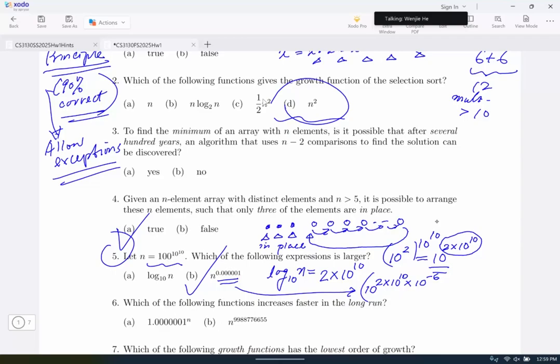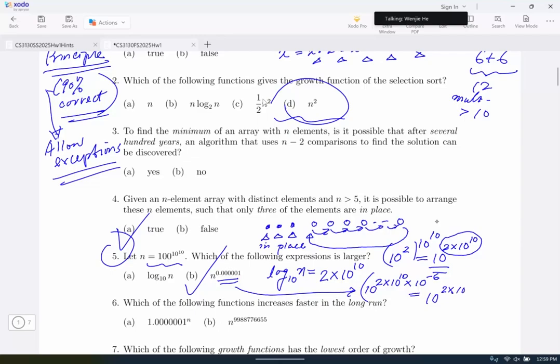There are 6 positions after the decimal point, so 10 to the -6. Then this number equals 10 to the 2 times 10 minus 6.